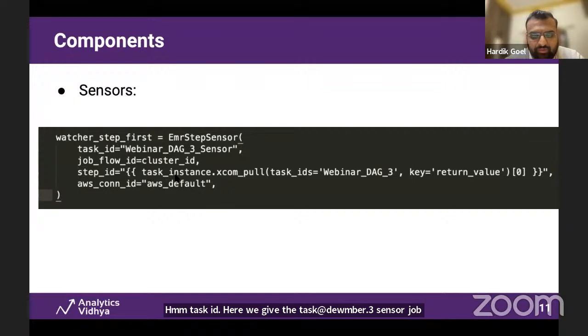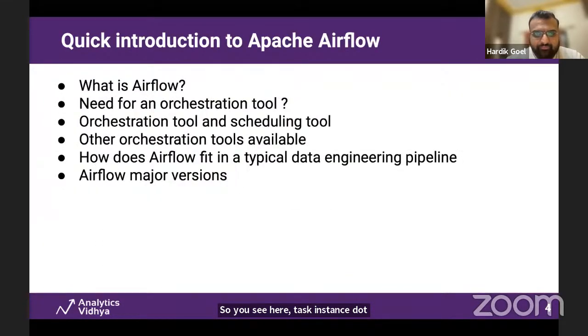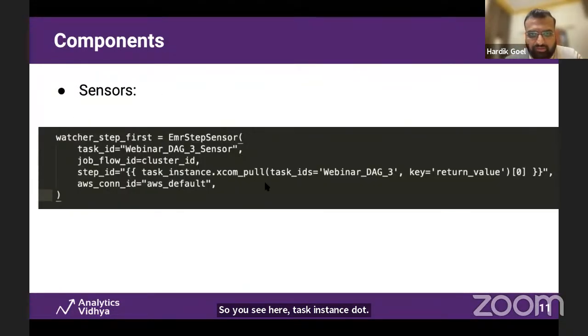Step ID. So you see here task instance dot xcom_pull. What you did here, from webinar DAG 3, which was somewhere above this, it is pulling the output of whatever that task gave.